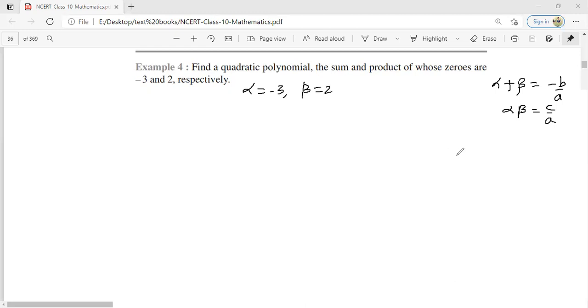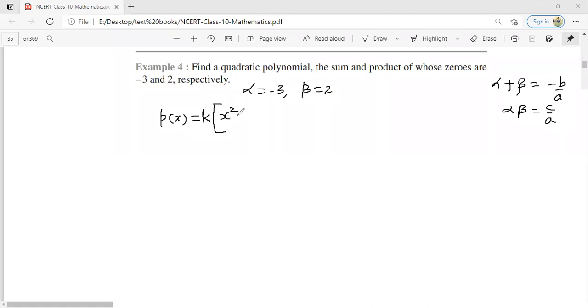Whenever alpha and beta are given, we can write the polynomial. Using the formula we can find many polynomials, an infinite number of polynomials. That's why we are keeping k here. In some books you will not find this k, but you should write the k.